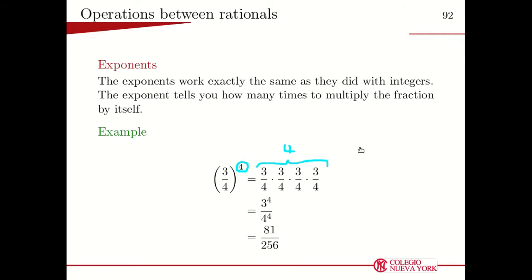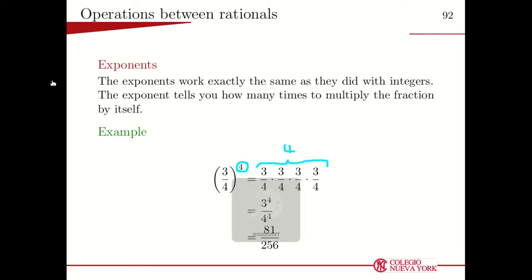So we know that when we multiply fractions, we multiply the tops or the numerators together, and we multiply the denominators together. So we have to do 3 multiplied by 3 multiplied by 3 multiplied by 3, which is 3 to the power 4. That goes on the top. And we have to do 4 multiplied by 4 multiplied by 4 multiplied by 4, which is 4 to the power 4, and that goes in the bottom.